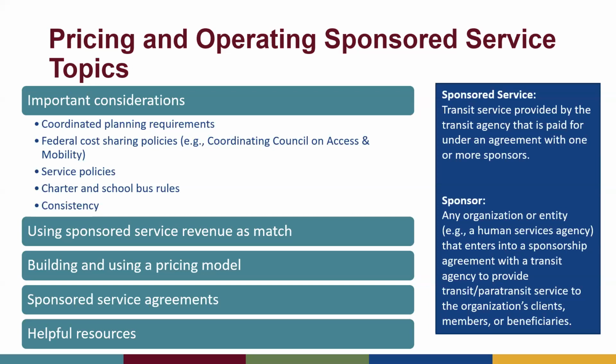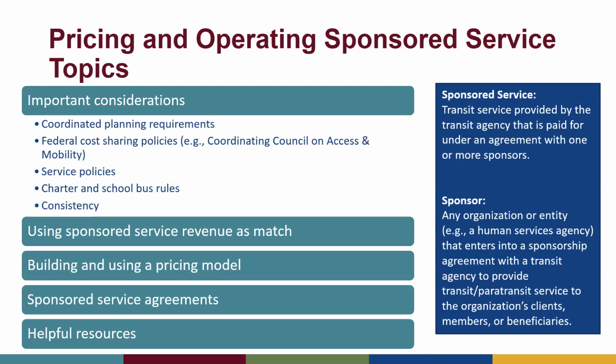So that's a quick overview of chapter 2, the service-based cost allocation chapter. We wanted to spend most of the time highlighting what was in chapter 3, which is on pricing and operating sponsored service. And so we use the term sponsored service, and you can see the definition in the blue box on the right-hand side of your screen, to refer to any transit service that an agency is providing that's paid for under some sort of agreement, right, with one or more sponsors.